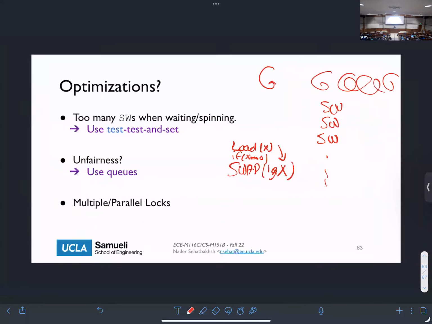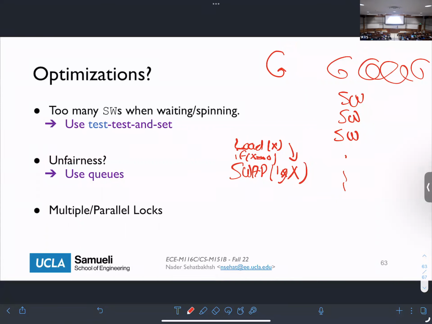Okay? There's also the question of, what if there are multiple different cores all fighting for 1 log? What we can do in order to fix that, we usually use queues. So if core number 1 wants the log, core number 2 wants the log, and core number 3 wants the log, they put the request into some form of a queue, and then we service the first item in the queue.